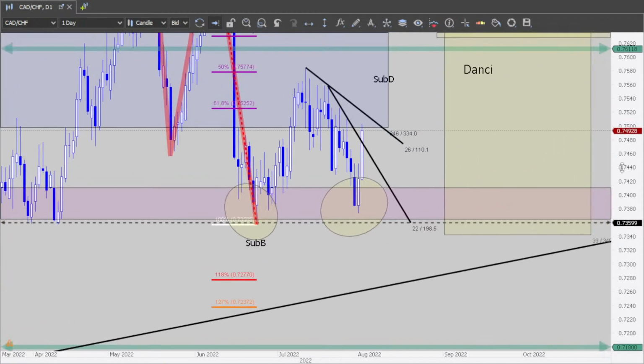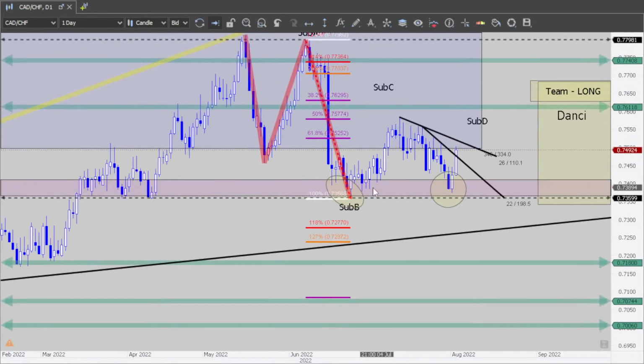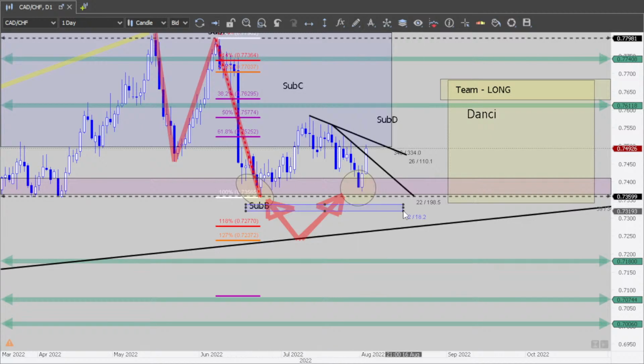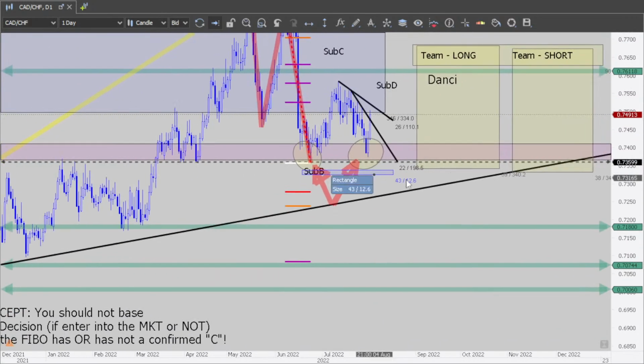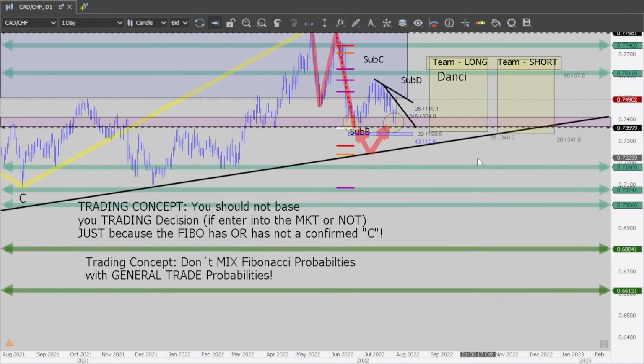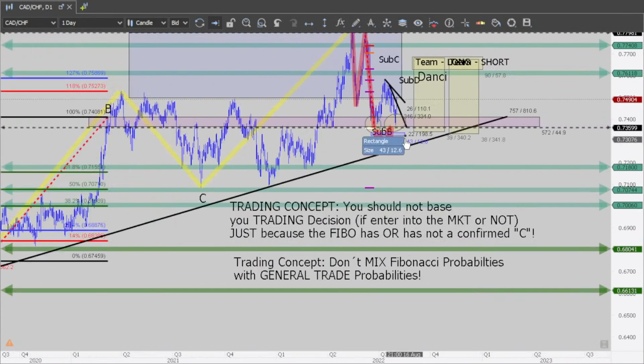You can say, okay, I'm going long on those double bottoms in here. Double bottoms, this is a tradable pattern. You can buy the market, and stop loss goes somewhere in here. Do we have any other patterns? Yes, we do. I can say, okay, I am going long on the uptrend line. So the stop loss is going to be down in here.